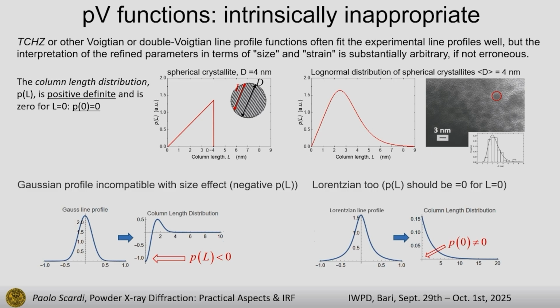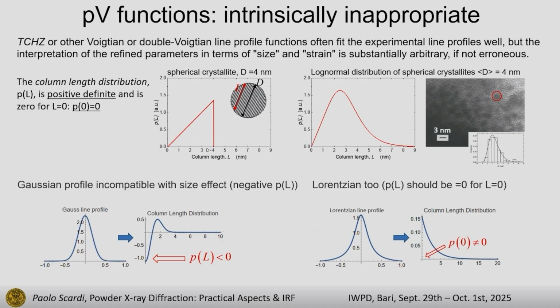So it fits your data, but the number you get, be careful. This is the takeaway message, very soft, so nobody is going to kill me for what I'm saying. And I am myself using a pseudo-Voigt function. This is not a crime.